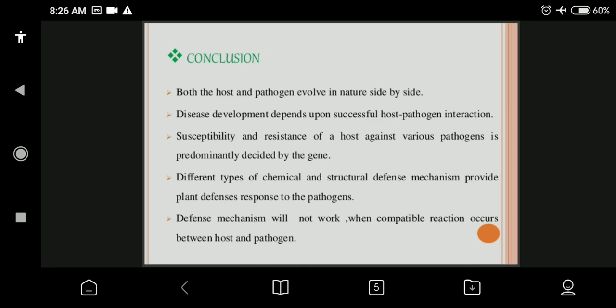Different types of chemical and structural defense mechanisms provide plant defense response to the pathogens. Defense mechanisms will not work when compatible reactions occur between host and pathogen. These defense mechanisms only work when there is incompatibility between the host and the pathogens.